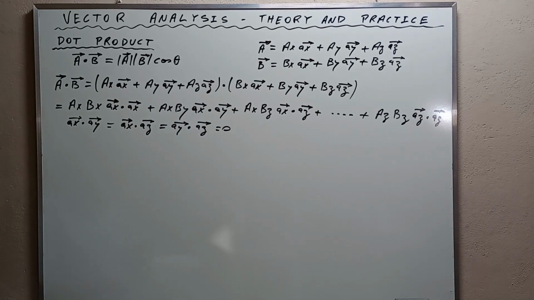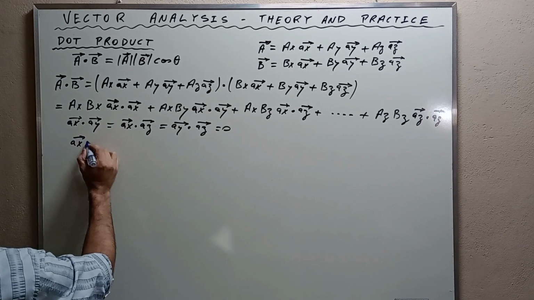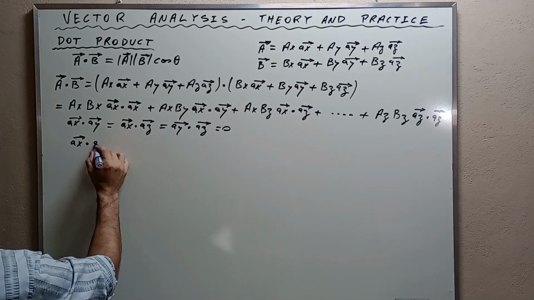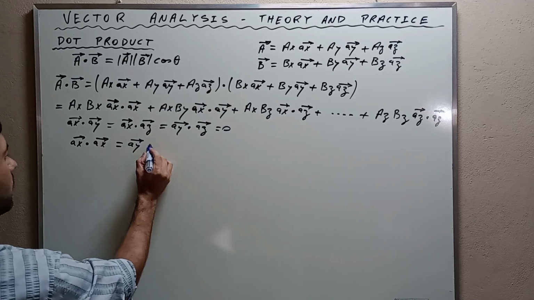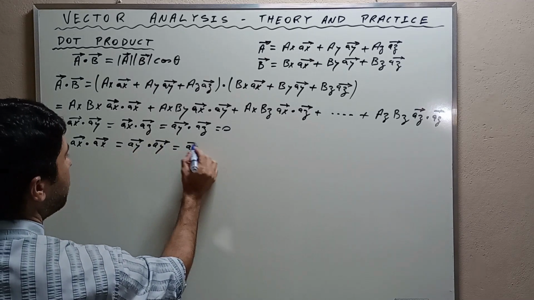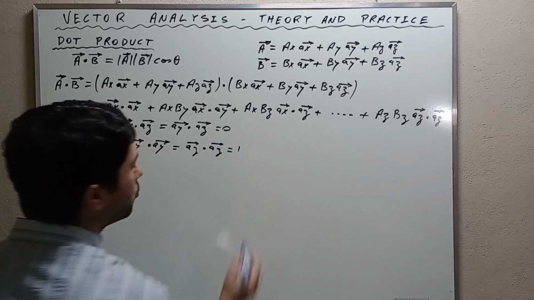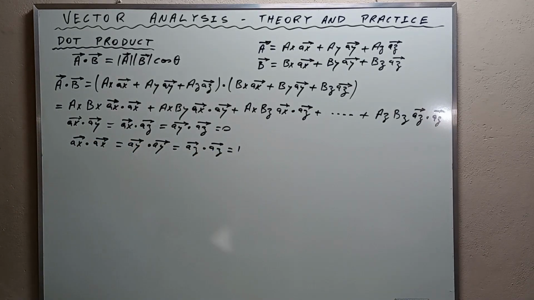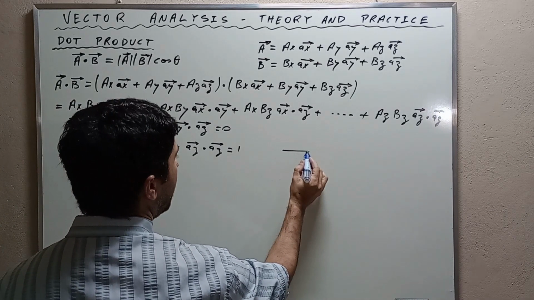In a similar way, ax dot ax is equal to ay dot ay, which is equal to az dot az. And this is equal to 1 because the cosine... ax is here.